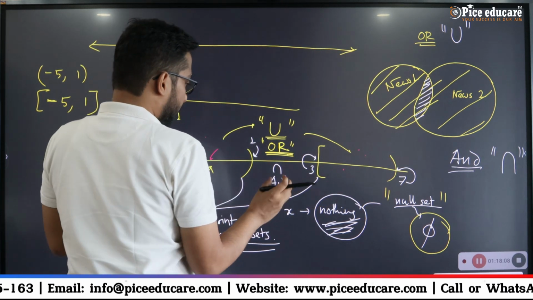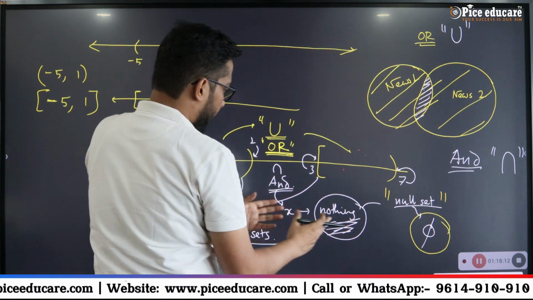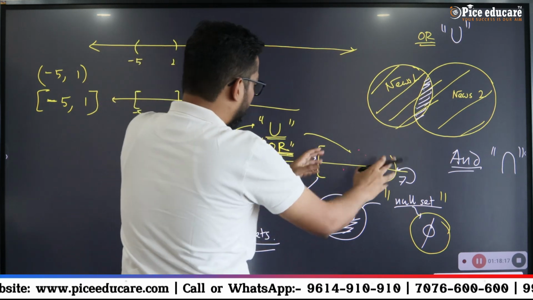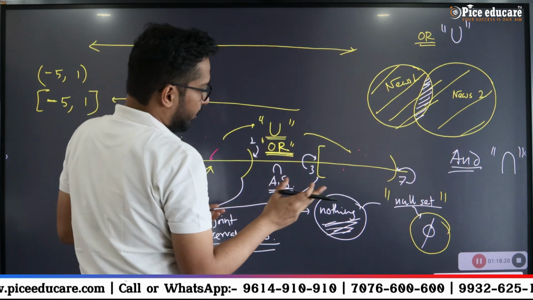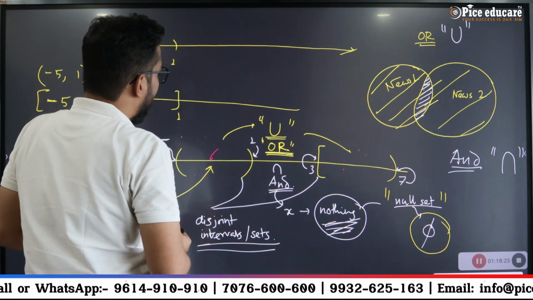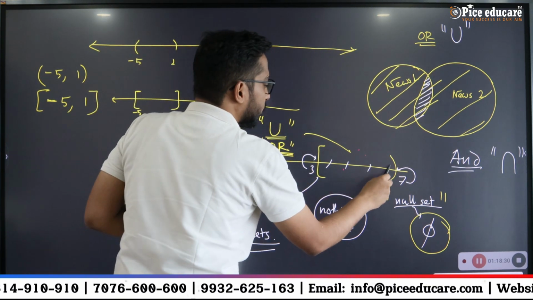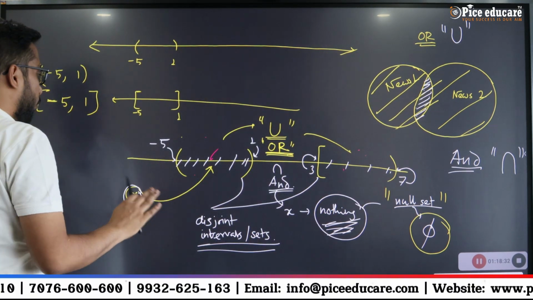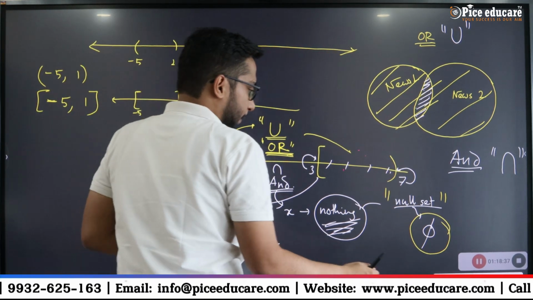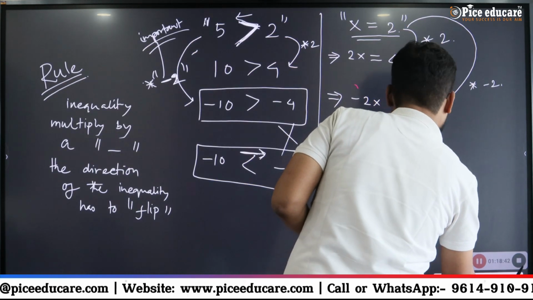If I try to find something common between them, nothing is common. But if I have to say this or this, I have to take this and this also. Technically we are saying this and this, but it is this or this. So x can be either in this zone or in this zone. I was trying to introduce these notations on the real line intervals just because I wanted to use these notations here.